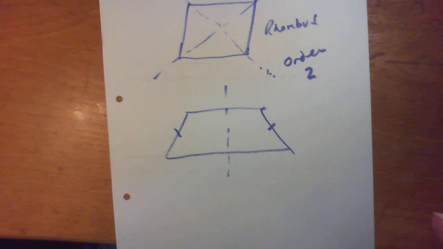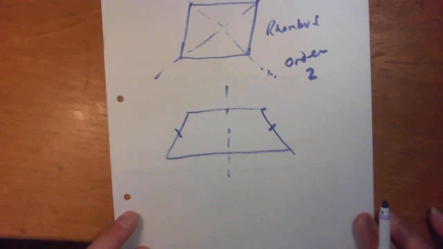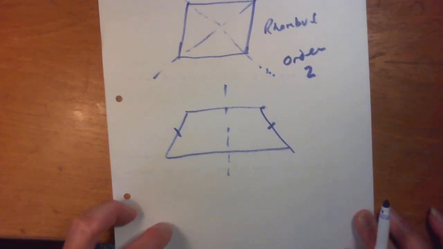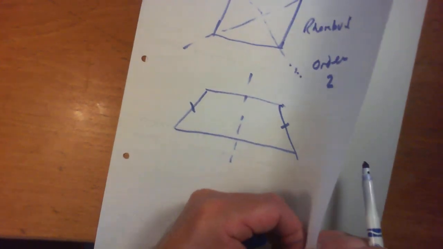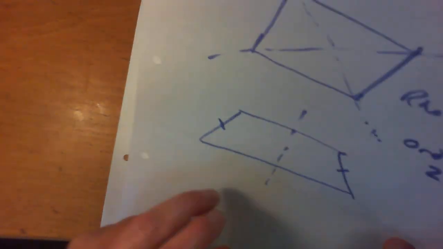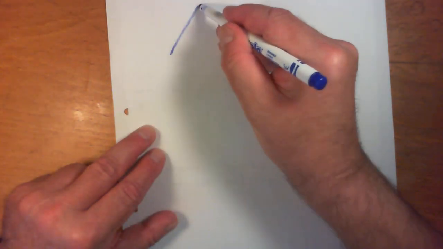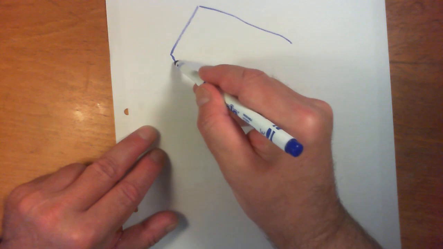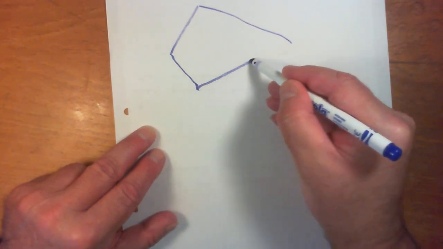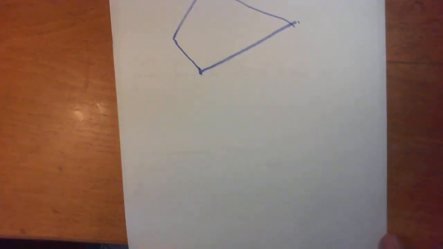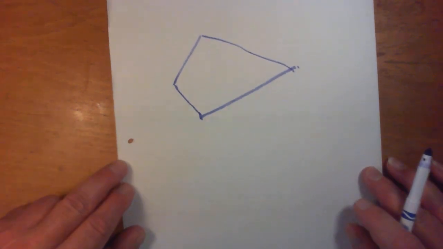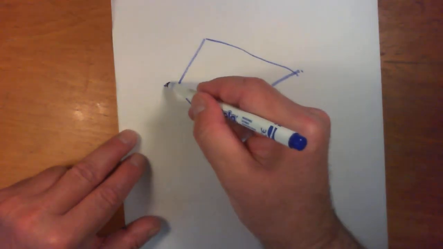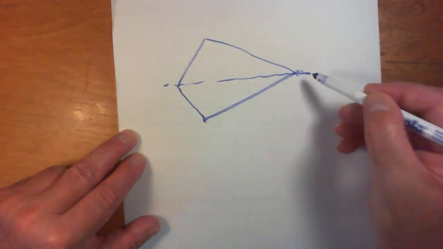But for a more general trapezium, there would be no lines of symmetry. And for a kite, you've just got that one line of symmetry there.